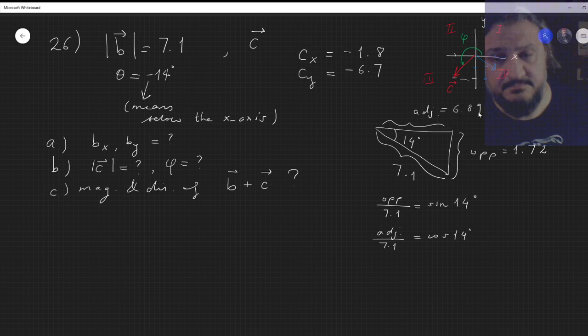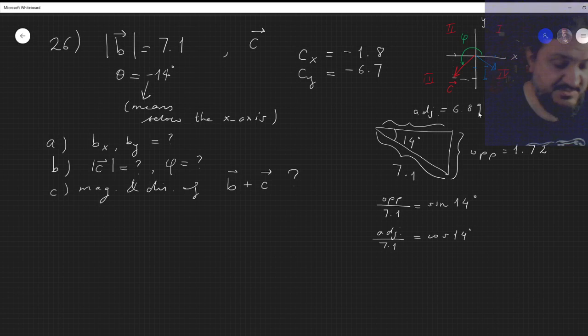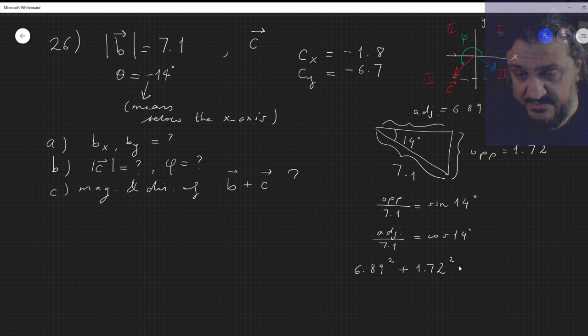All right. You want to check that? Take those adjacent and opposite sides, take the squares and add them. See if you can get 7.1 again, just to check it. So 6.89 squared plus 1.72 squared gives me 50.43.